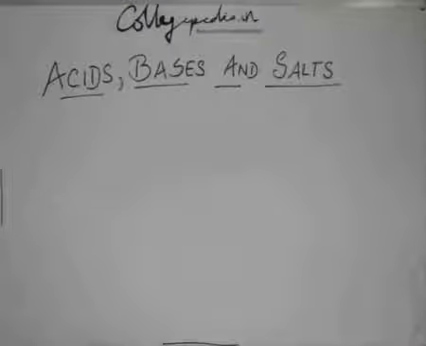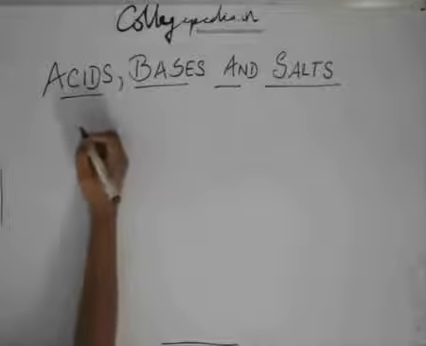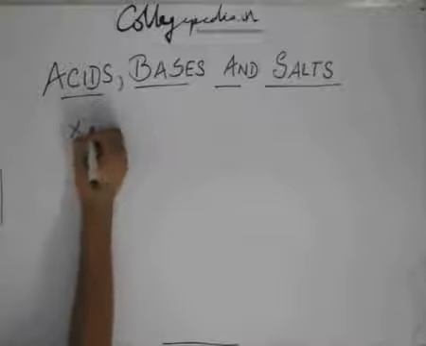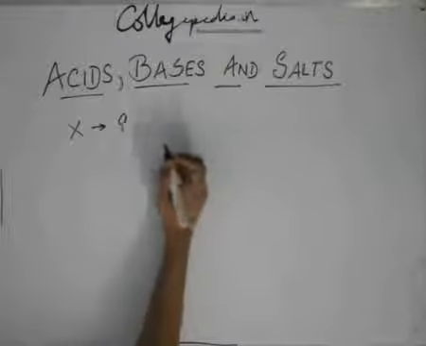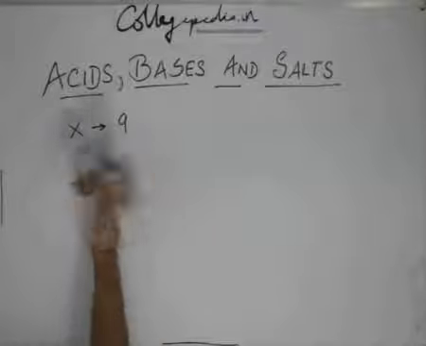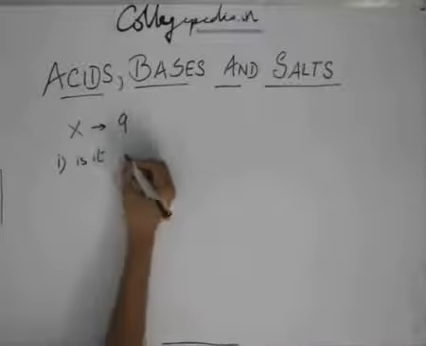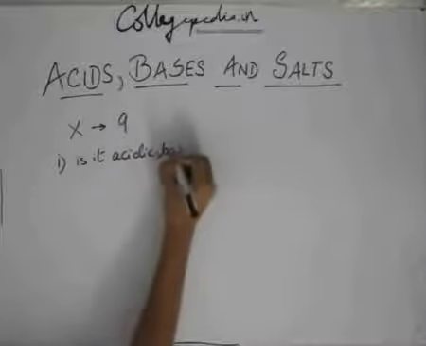So let us see some questions based on pH. Suppose we have a question that substance X has a pH of 9. First of all, the question is: is it acidic, basic or neutral?